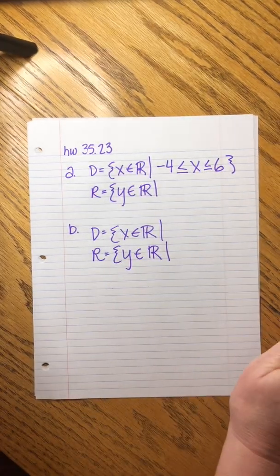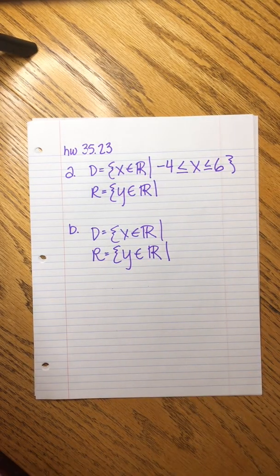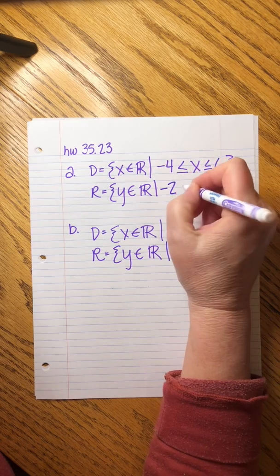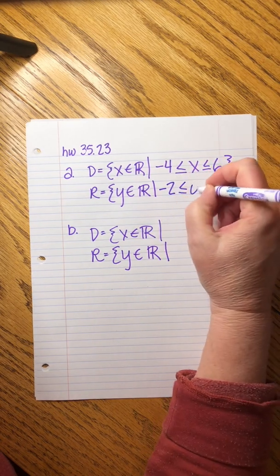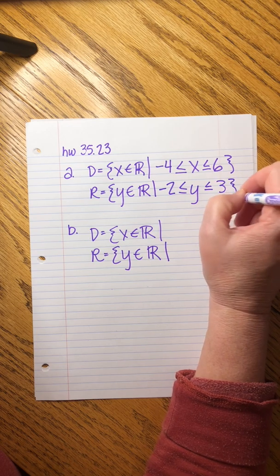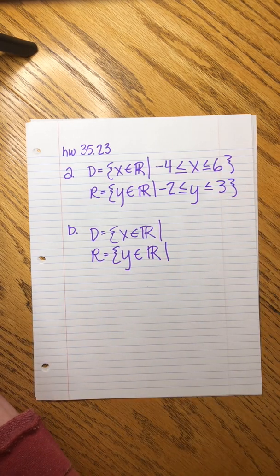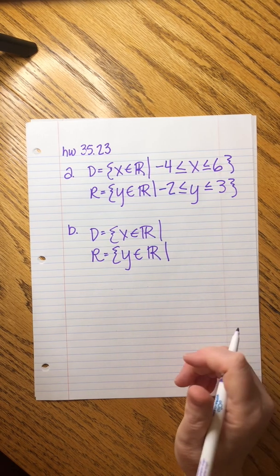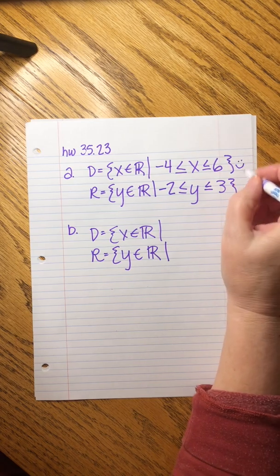So it will be -2 is less than or equal to y is less than or equal to 3. Make sense? And let me just check my answers here. -4 and 6, -2 and 3. Yes, these are both correct.